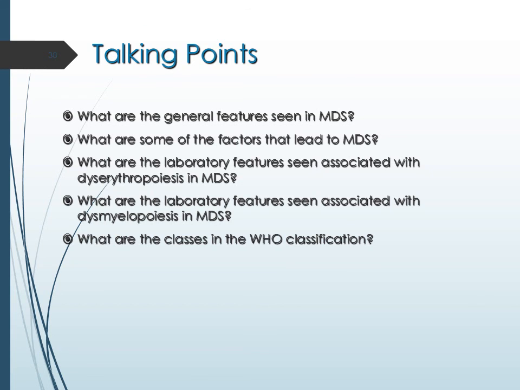Look at the case study in the review questions at the back. Differentiate the different anemias and cytopenias, and categorize them into refractory cytopenia or refractory anemia. Know a little bit about the treatments and the supportive therapy for each one of these disorders.